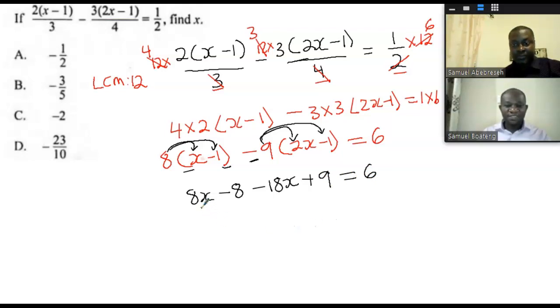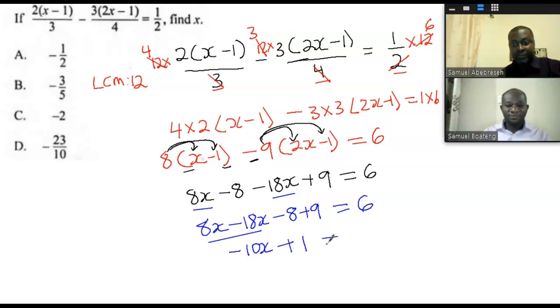So once again, let's group the items. 8x minus 18x, minus 8 plus 9 equal to 6. So we have minus 10x plus 1 equal to 6.